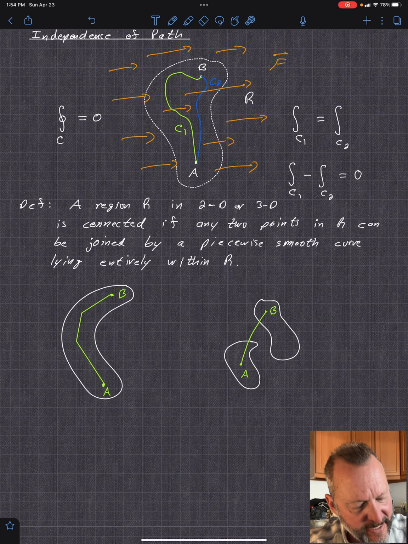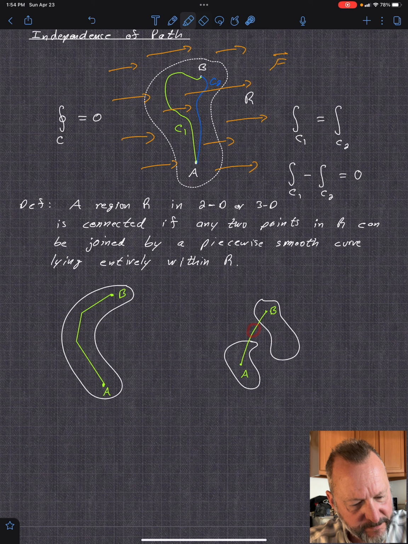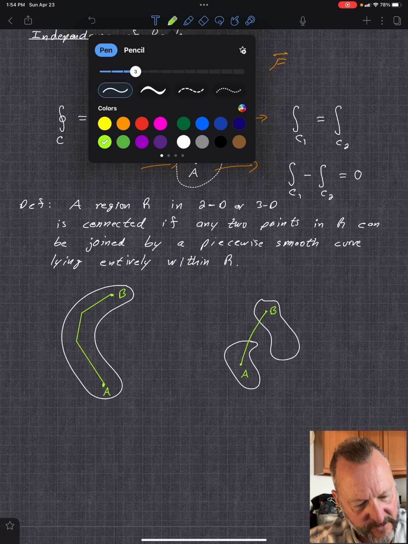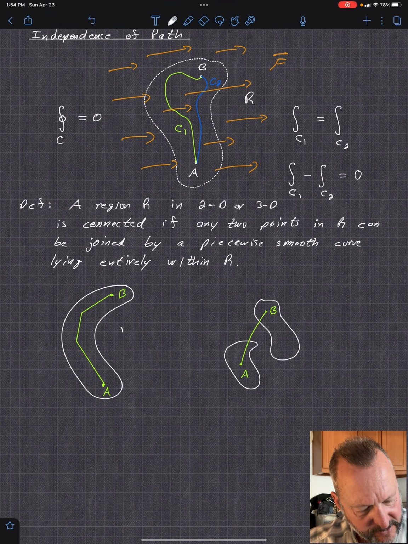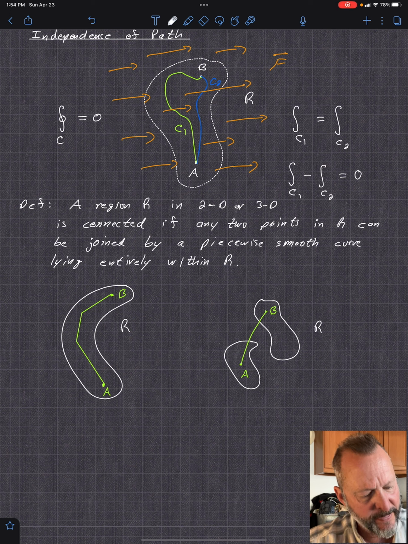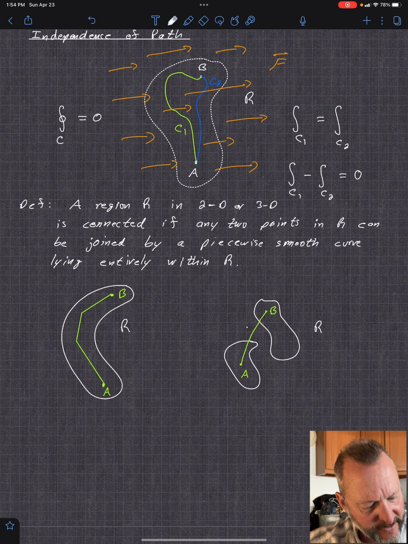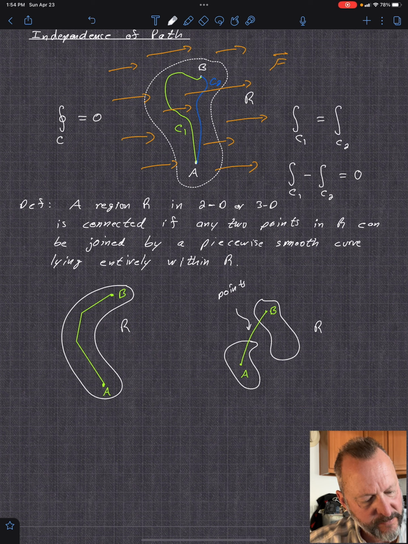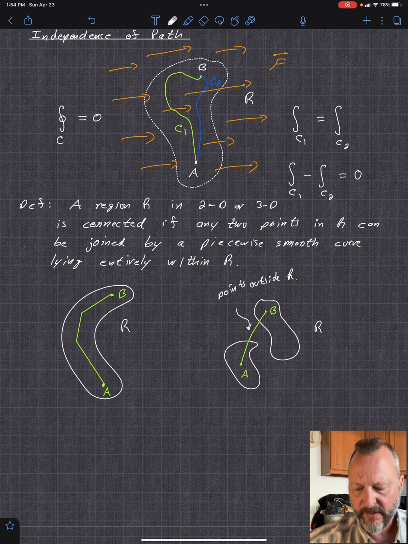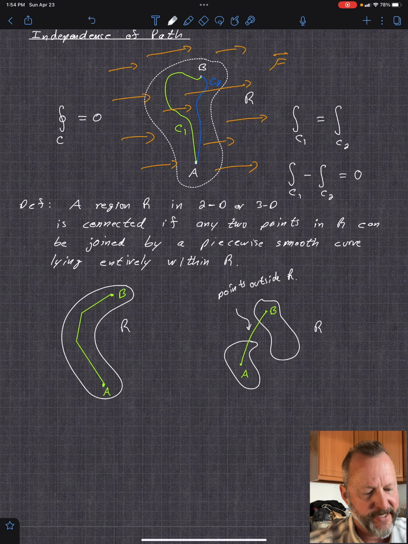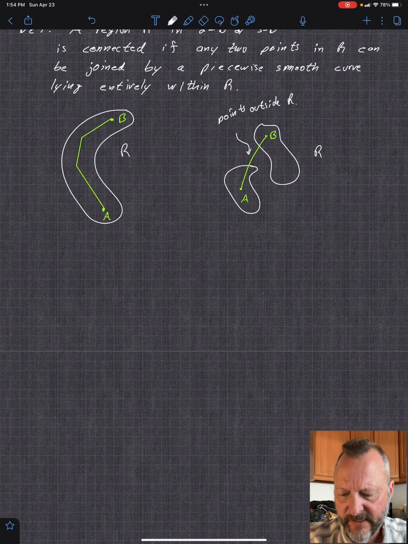Obviously on the right, these points are outside the region. If this is my region R, it's clearly not connected, so those are points outside R. So our region is going to need to be connected. It makes sense.